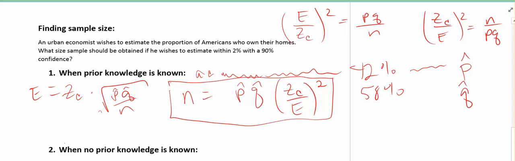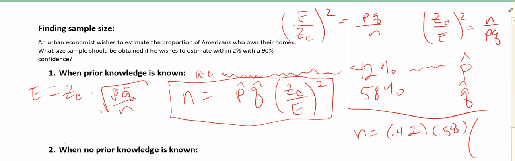Okay, so our sample size for our problem would be n is equal to 0.42 times 0.58 times the critical value for a 90% confidence interval, which is 1.645, divided by your error.